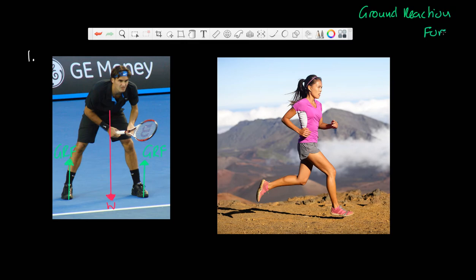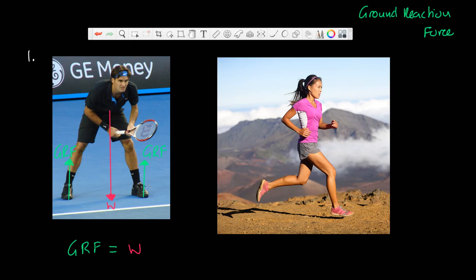Ground reaction force. Now what we can see in this illustration is effectively that GRF equals weight. Would you agree with me? The two GRFs combined equal the weight. They are opposite in direction and they are equal in magnitude.